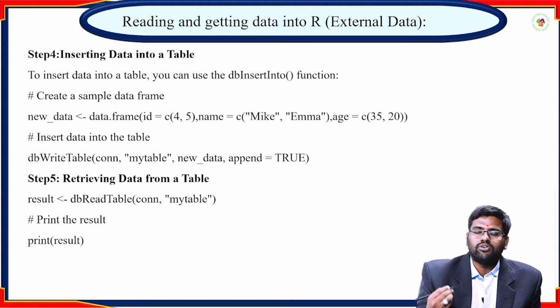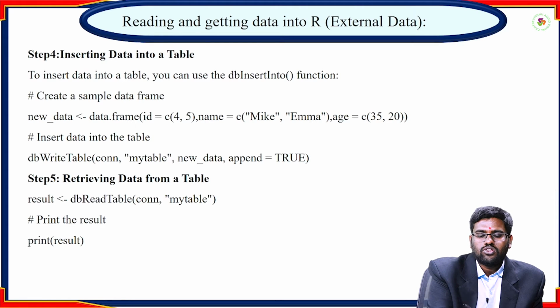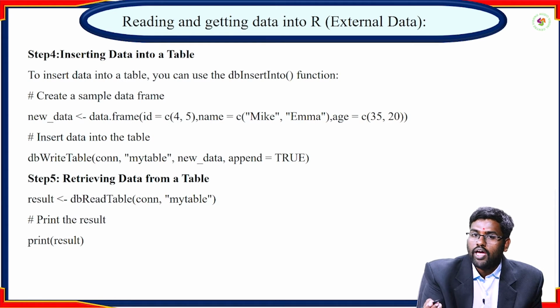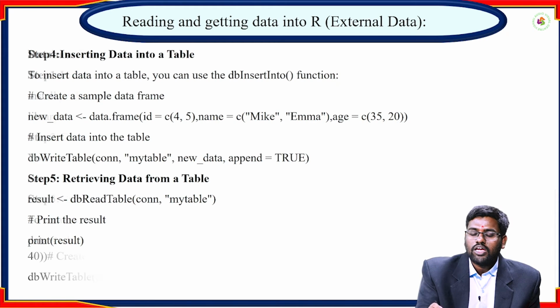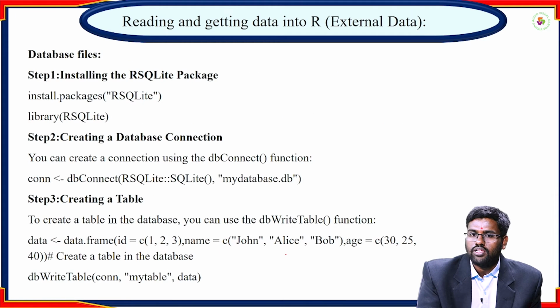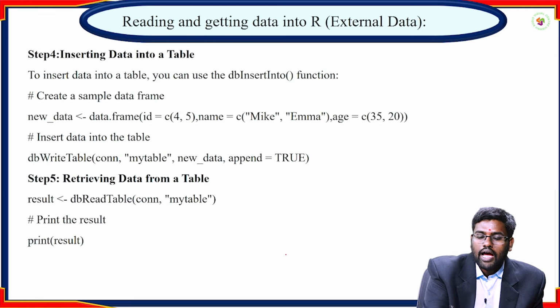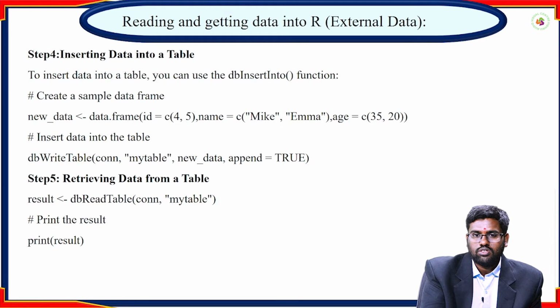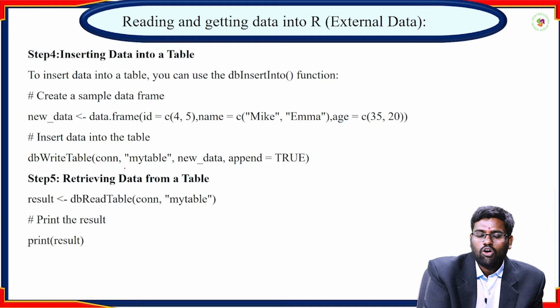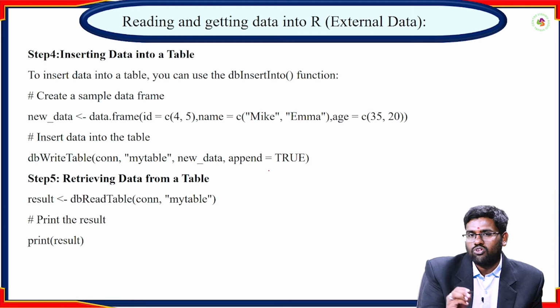So next, I want to insert the data. For that, I take new data is equal to data.frame. The table already has three fields, three rows. Now I want to add two more rows inside the table. So now I do dbWriteTable of my table, comma, new data, comma, append is equal to TRUE.